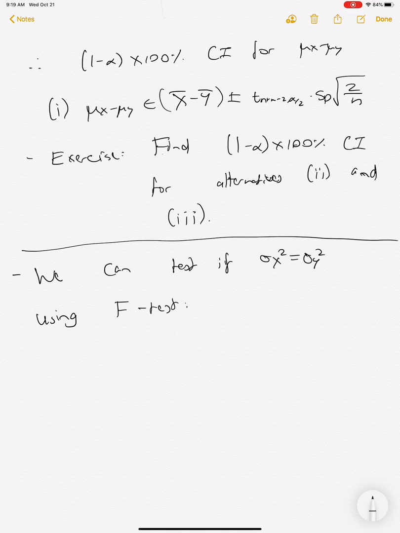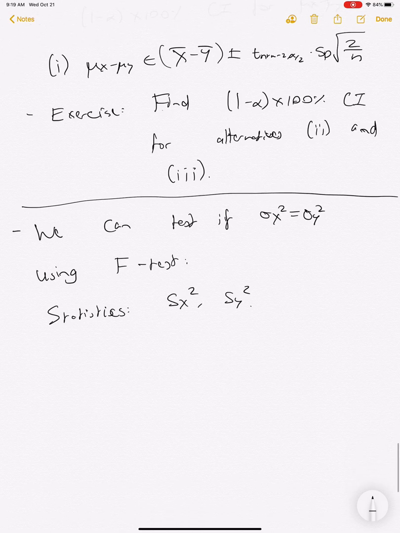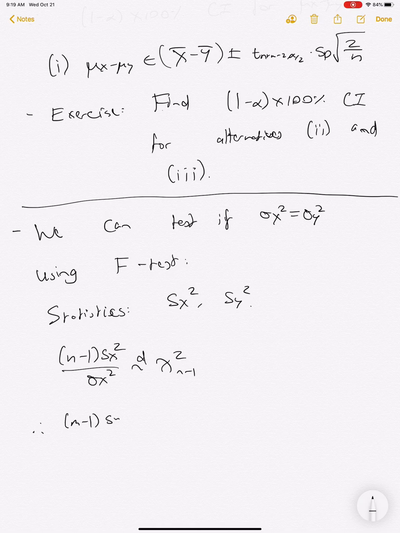So one thing to note is that if we have the statistics sx squared and sy squared, we know that n minus 1 sx squared over sigma x squared is chi squared n minus 1. And we also know that m minus 1 sy squared over sigma y squared is chi squared m minus 1.